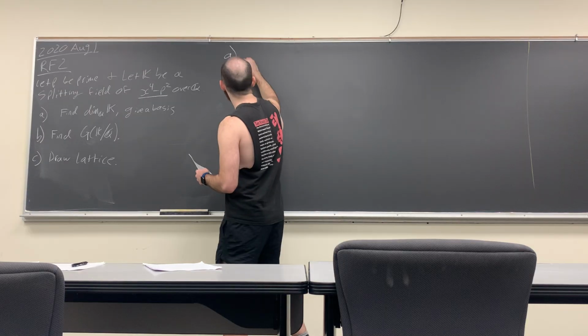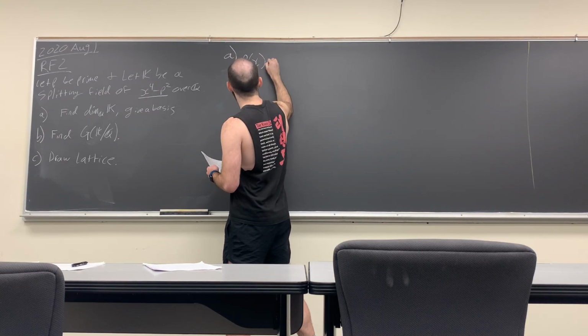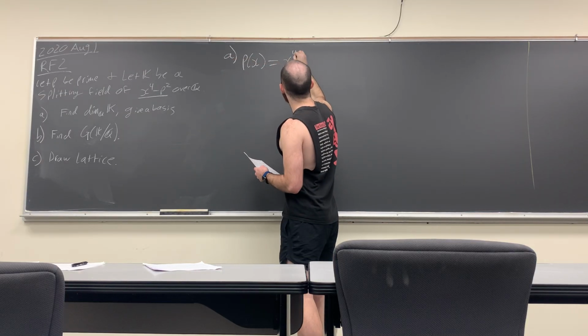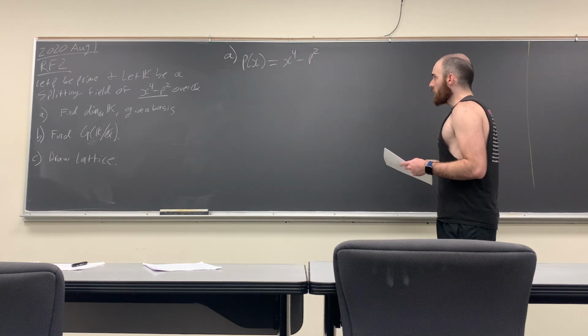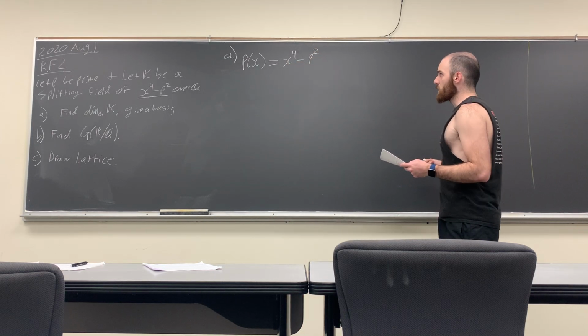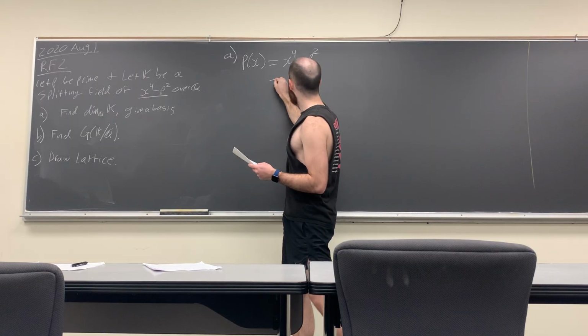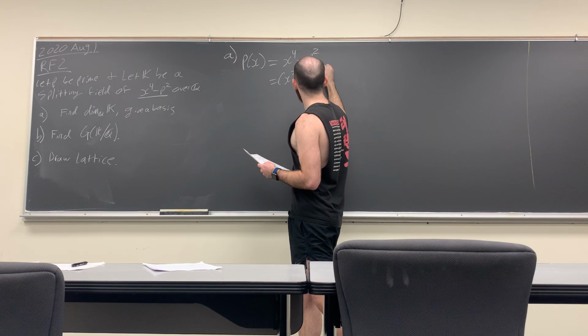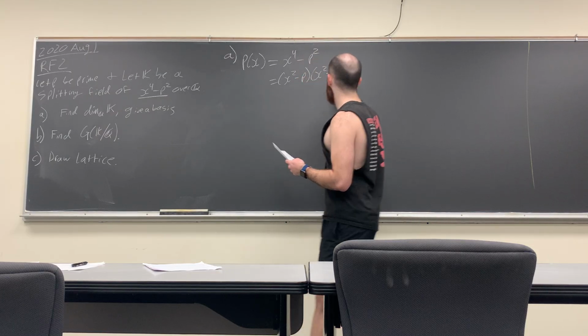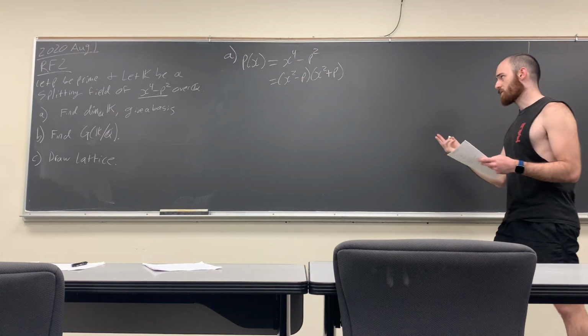Well, if our polynomial is x to the 4th minus p squared, we can look at this and factor it to get (x squared minus p)(x squared plus p). So we have at least 2 distinct roots.